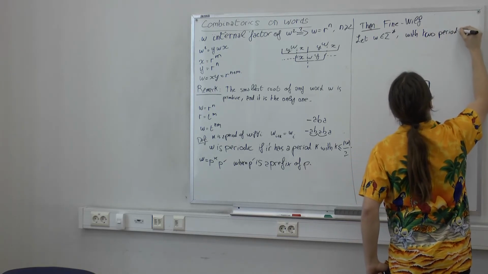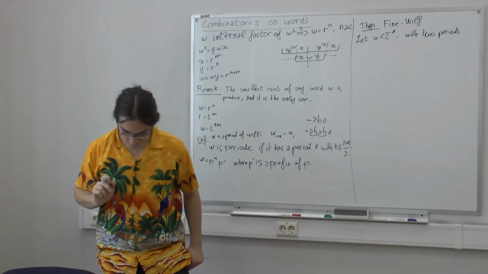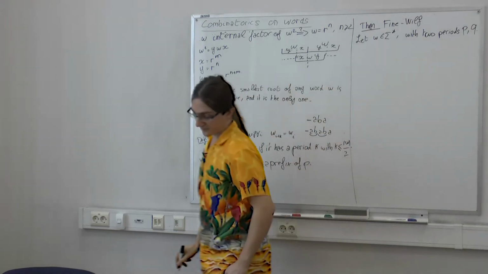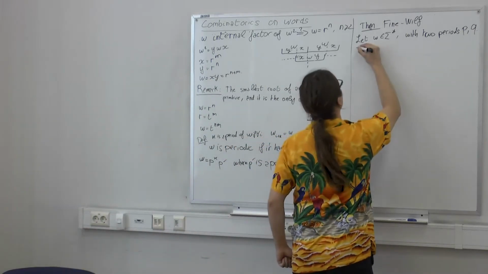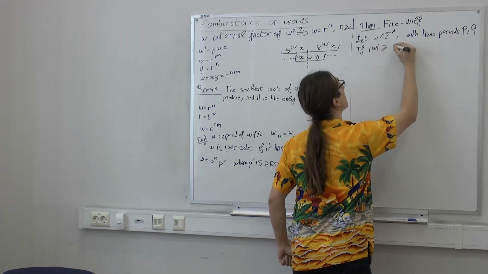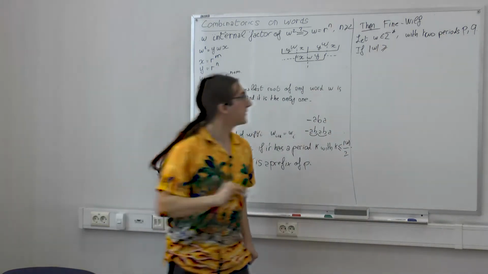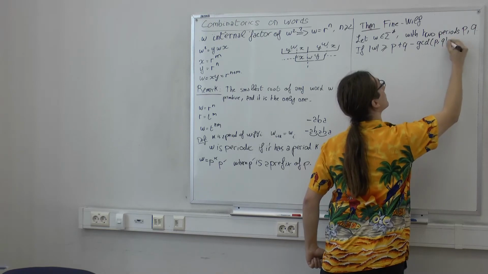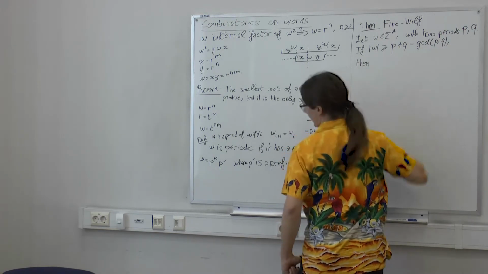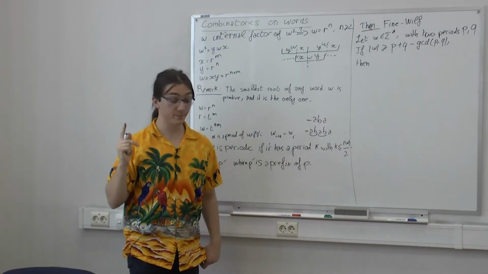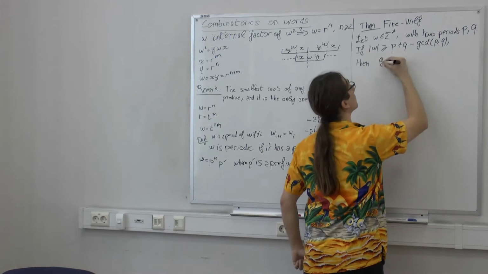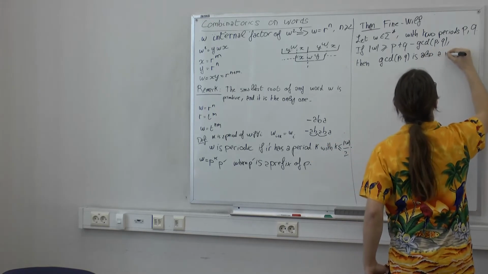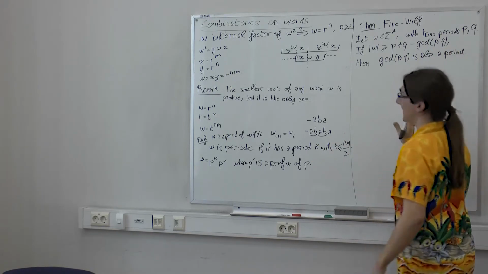And just not to confuse myself, I will use the same as here: P and Q. If W is long enough, and long enough means this, then the greatest common divisor is also a period. That's what you can say in full generality.